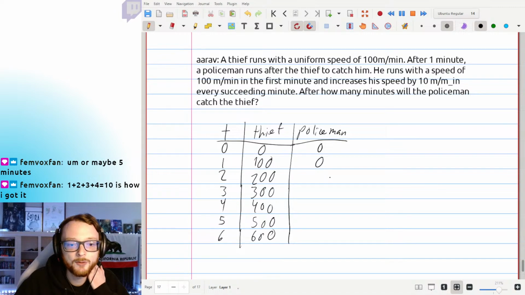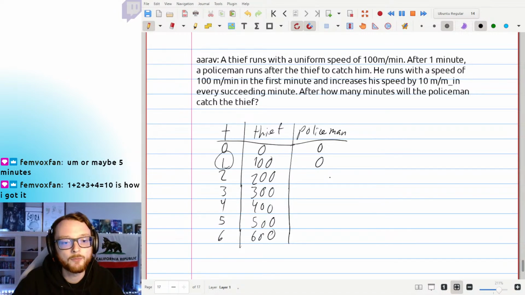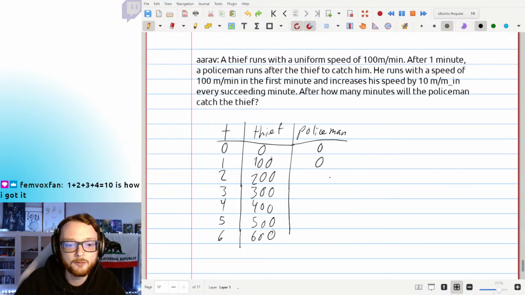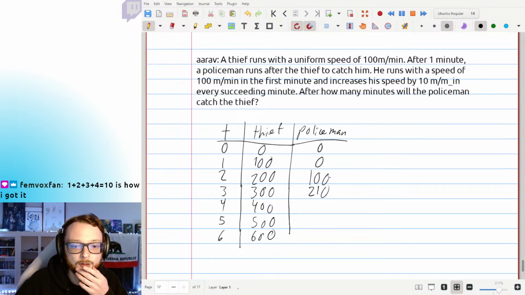And so now the policeman just started running at minute 1. And so by minute 2, wait. Yeah, by minute 2, he's covered 100 meters. Now between 2 and 3, he's running 110 meters. So we add 110 to the previous game to get 210.